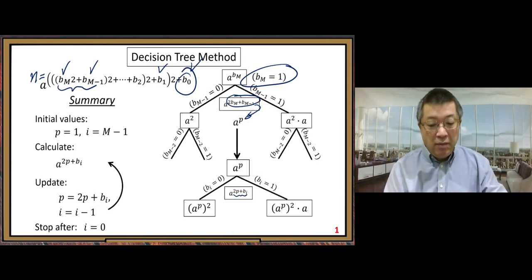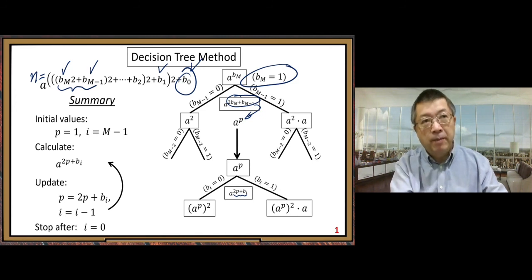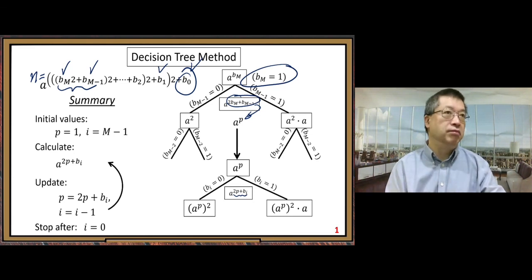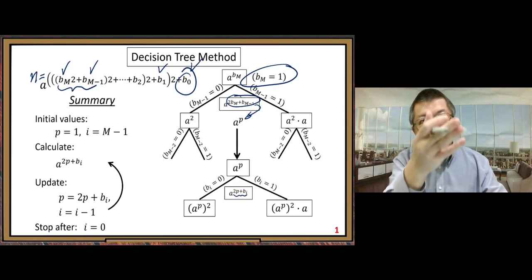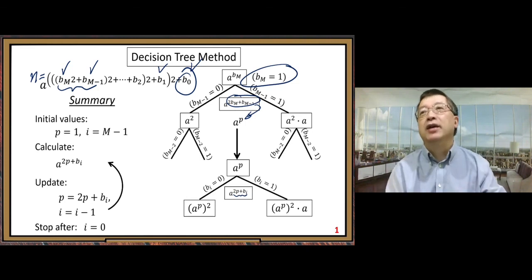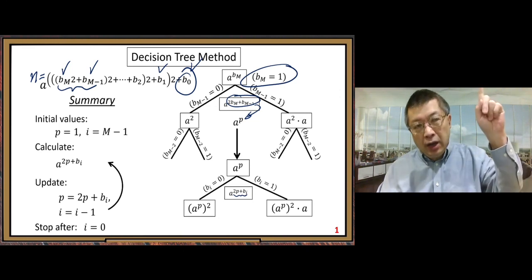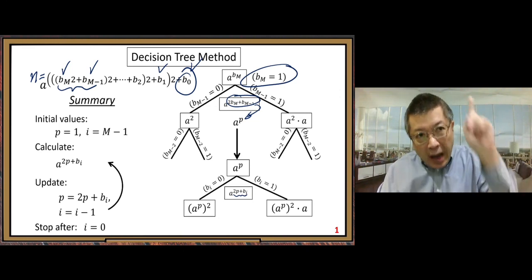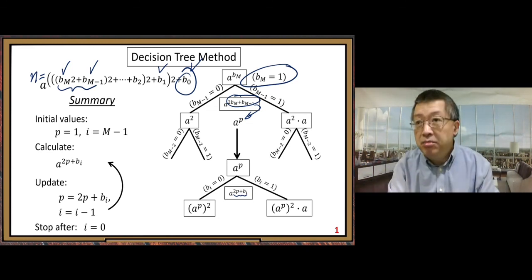Based on this diagram, the decision tree structure, you can easily write the program. Even if we convert it to matrix multiplication, you can write your program in a similar way. So that's our algorithm detail implementation part.